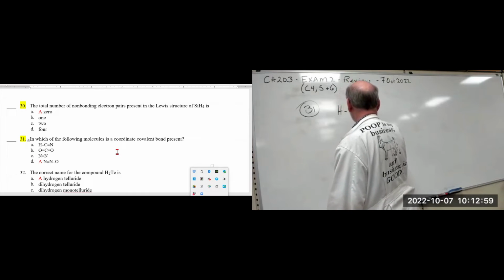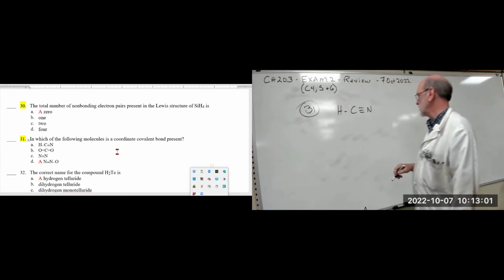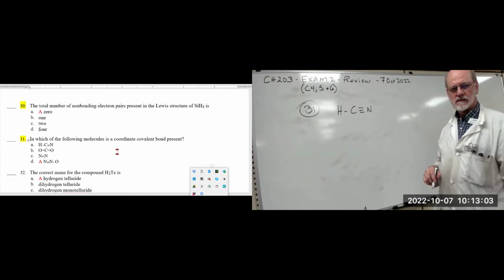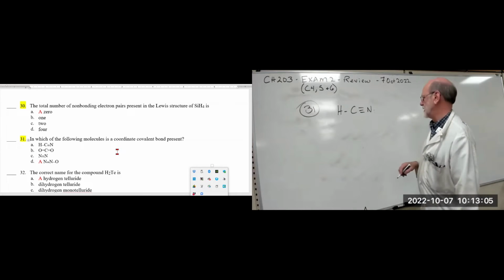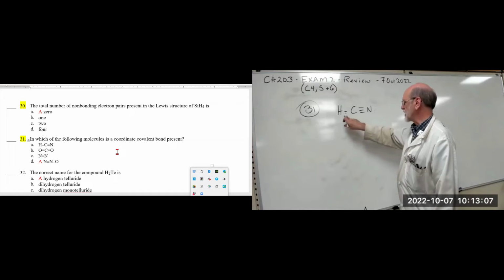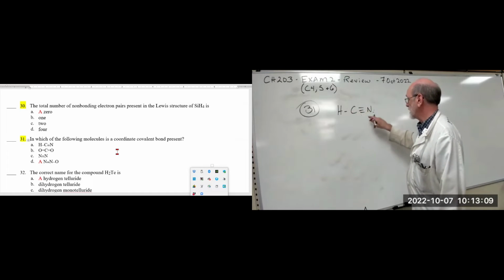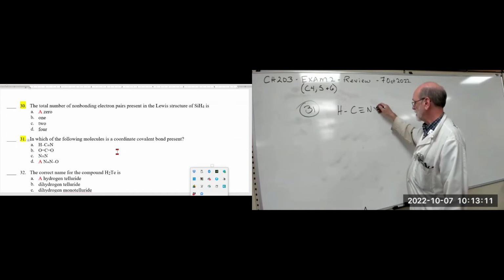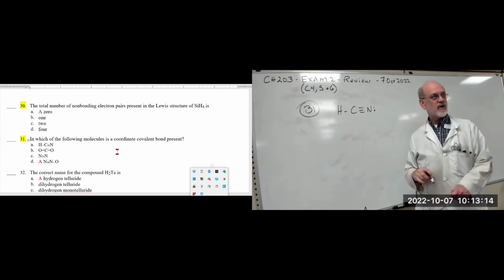HCN. Let's see. That one's used up all its electrons. This has an octet. That only has 6. So it's got a non-bonding pair out there.